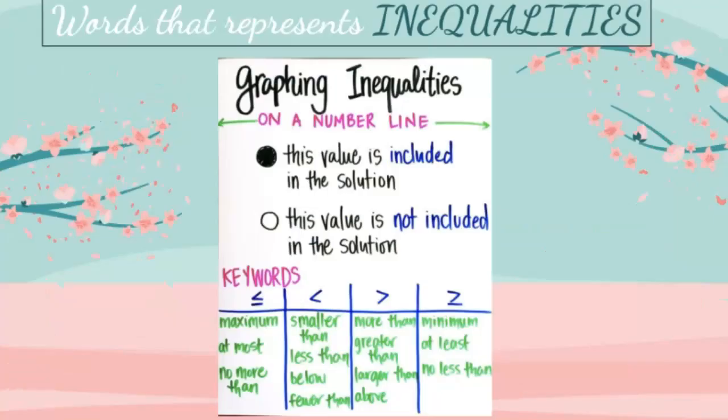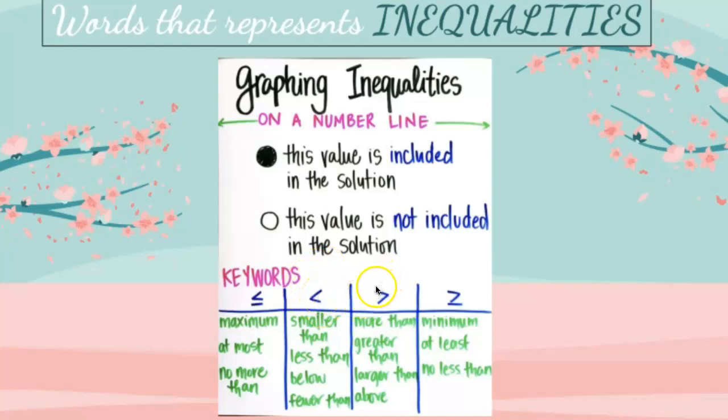Okay. So again, we review some words that might come up in these verbal inequalities. If you see the words maximum, at most, no more than, the symbol that we're going to use is less than or equal to. If we have the words smaller than, less than, below, or fewer than, we're going to use the symbol less than.